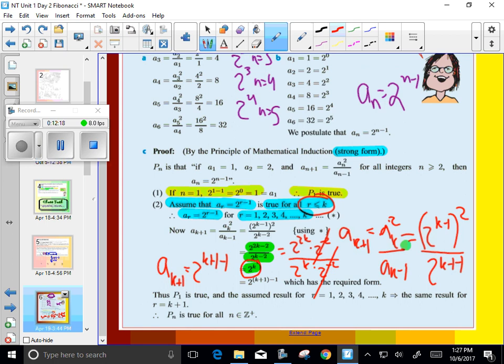So therefore it's true by math induction. This isn't super helpful because it's already worked out, but I just want to show you the flow and especially how this part works. So therefore it's true for P1, it's true for R equal to 1 through k, and R equal to k plus 1, then it's true by math induction.